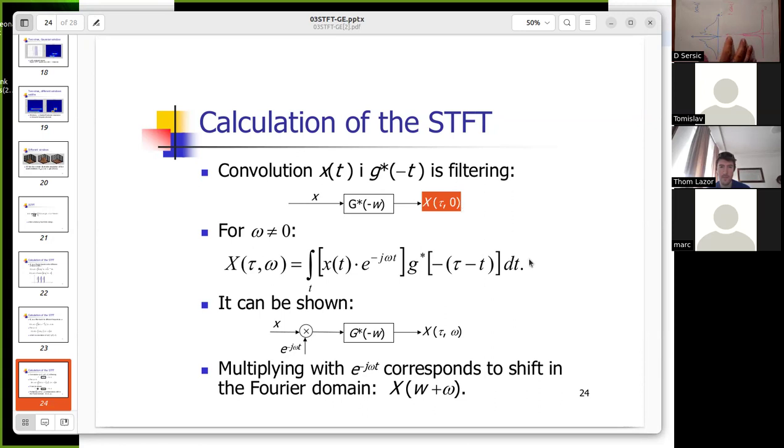Okay, what happens if I multiply my voice with such an exponential? If I multiply it, it corresponds to a shift in frequency. So the blue one will be moved. Okay, I will move it a little bit, so I move it down.